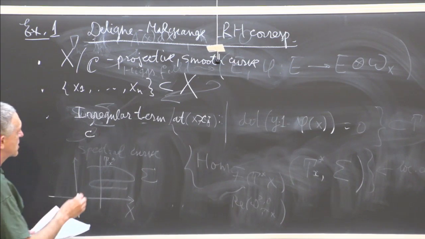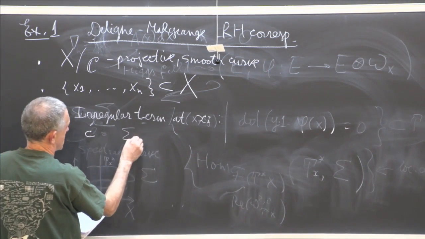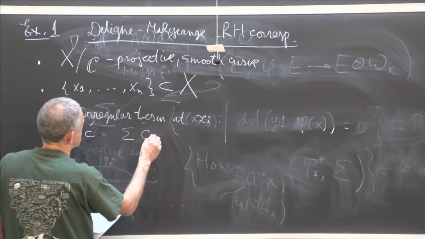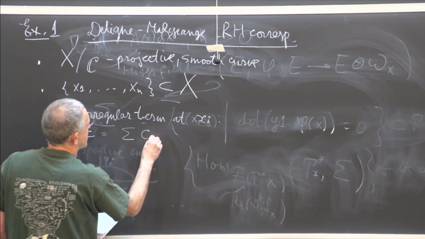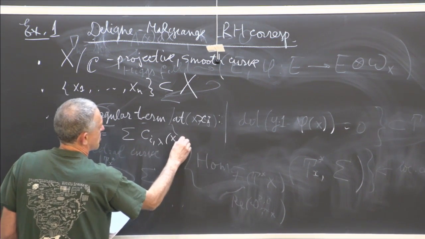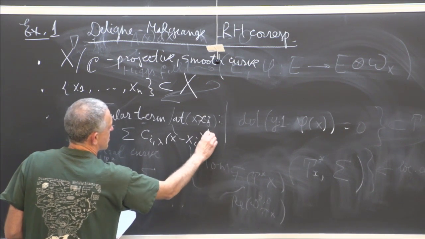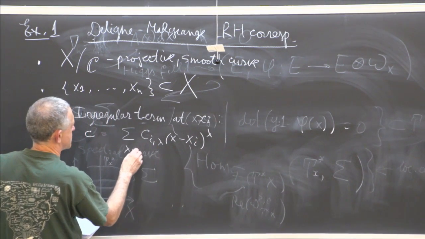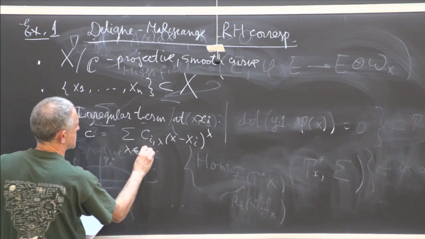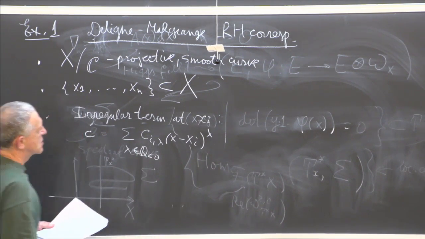In terms of coordinates, it's a negative Laurent polynomial, or Puiseux polynomial.